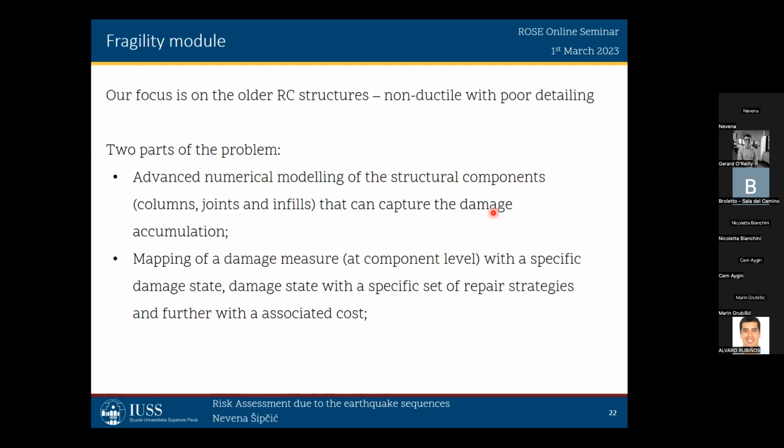Another one is how to map the damage measure to a specific damage state, then map that damage state to a specific set of repair strategies, and later to the cost. Even though I believe that the modeling is also very important, because of the time, I will focus only on the mapping of damage measure to the damage state.